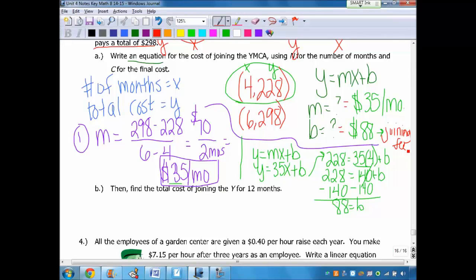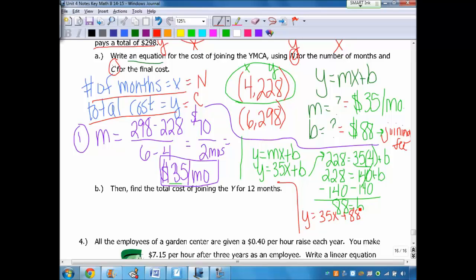Now, the question, though, says to find it using N for the number of months, and C is the final cost. So here, the number of months we said was X, but it's really N. And here, the total cost is Y, but it's really C, according to what it tells you. So normally, we would write out the equation as y = 35x + 88.